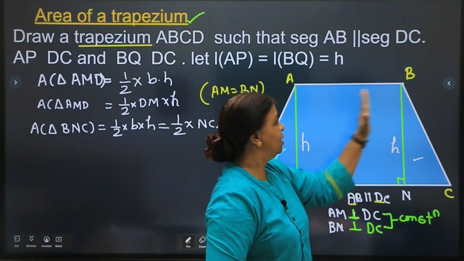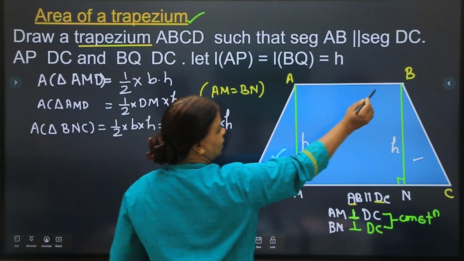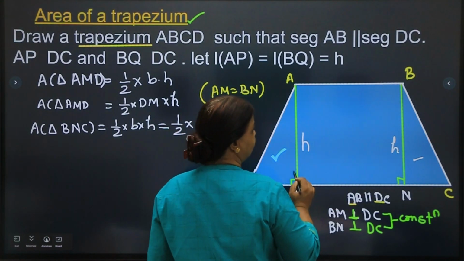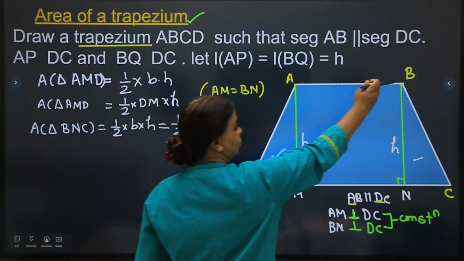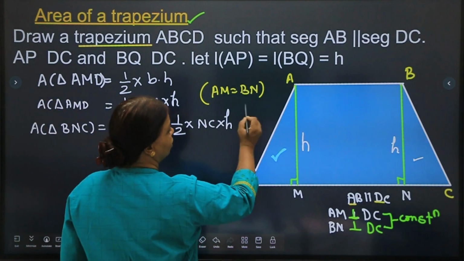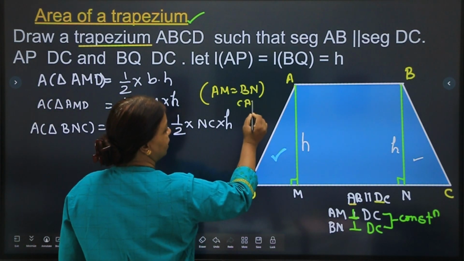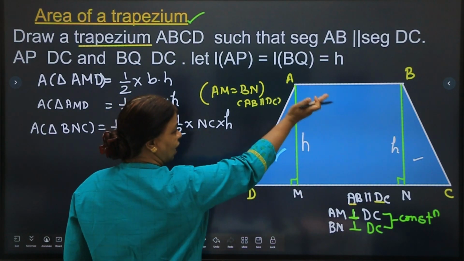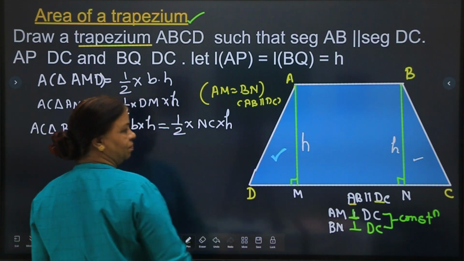So the height between them will have equal length at all points. Why is AM equal to BN? Because AB is parallel to DC and the perpendicular height between the two parallel lines will be the same.